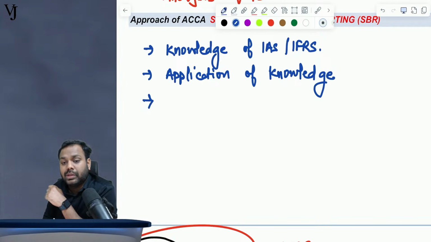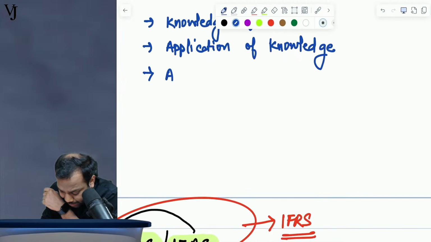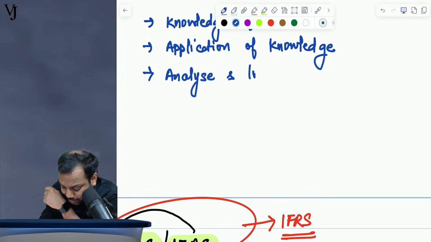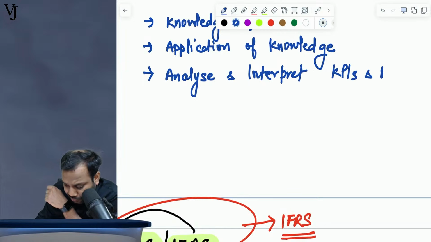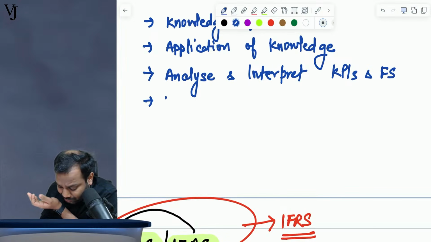Thirdly, you should be able to analyze and interpret KPIs and financial statements. It is also expected that you see things from an ethics point of view.